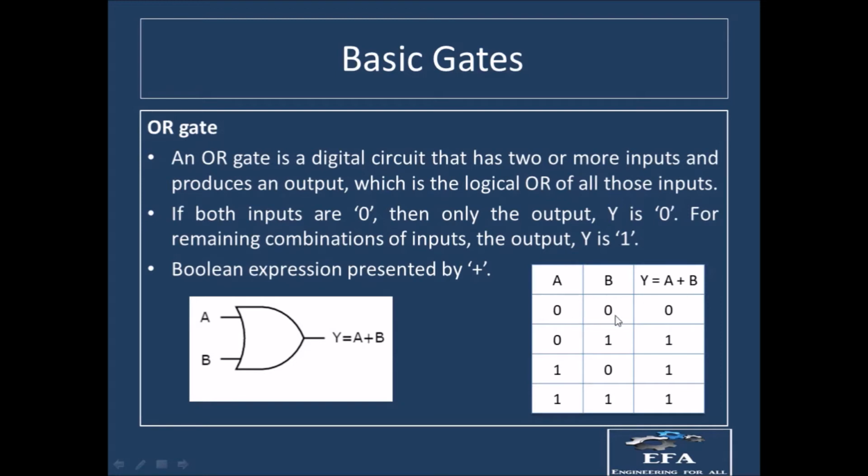So 0 plus 0 is always 0, 0 plus 1 is 1, 1 plus 0 is 1. And 1 plus 1 cannot be equal to 0, therefore we have 1 here. This is the only difference between the logical output and general mathematics.